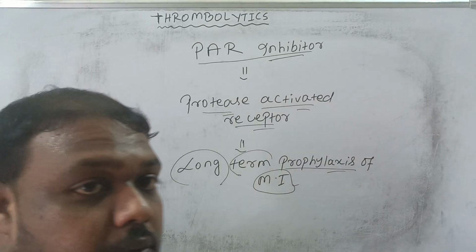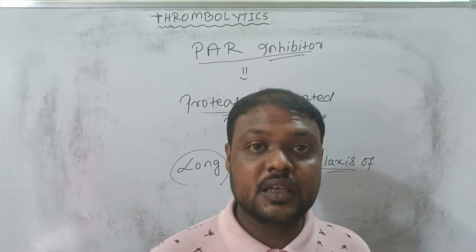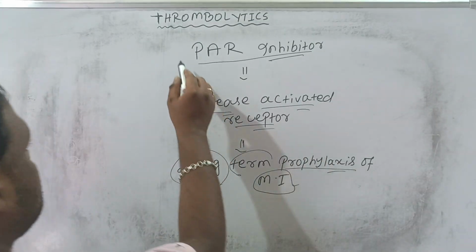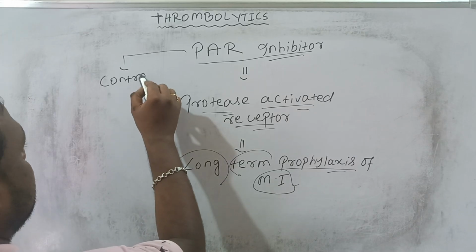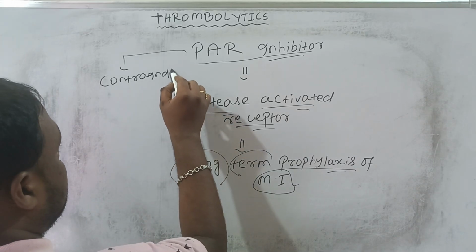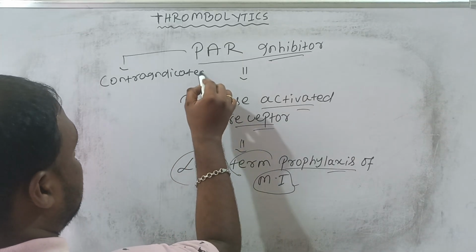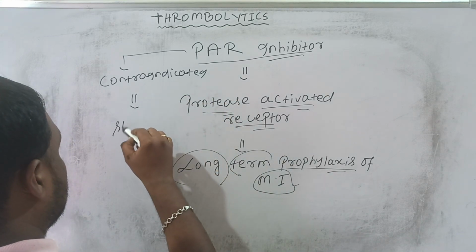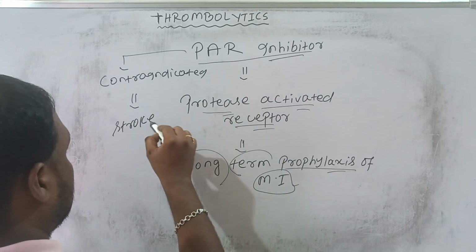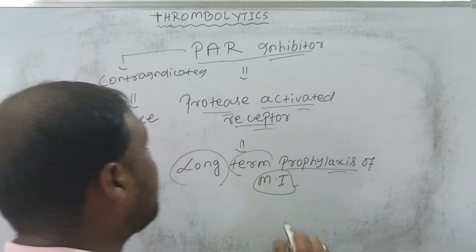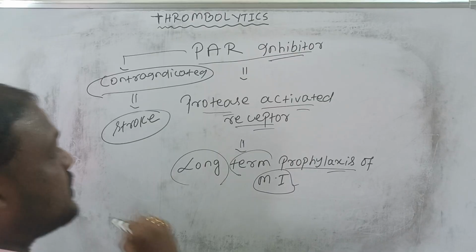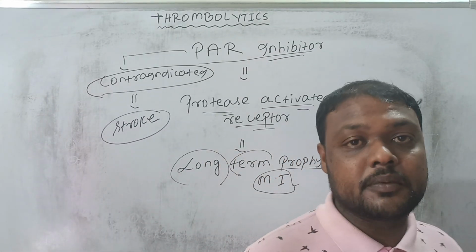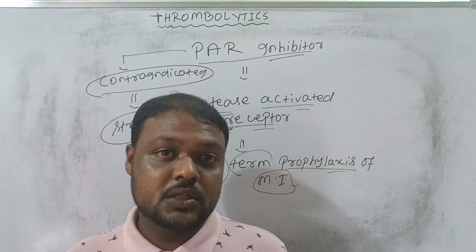The PAR inhibitor is contraindicated in stroke. Clear? The PAR inhibitor is always contraindicated in stroke patients. Always remember this.